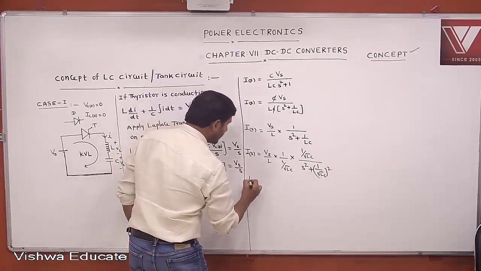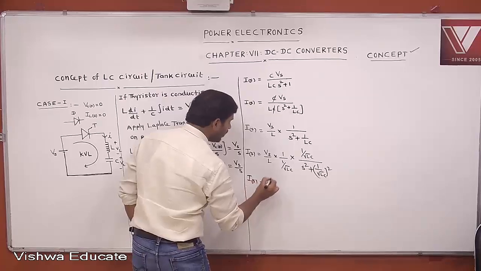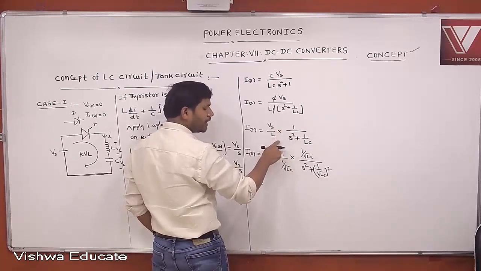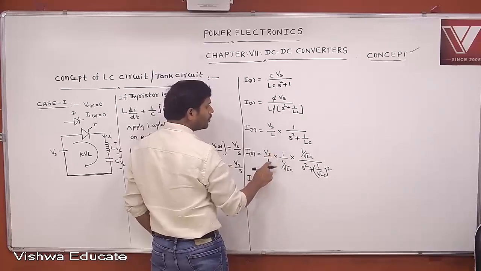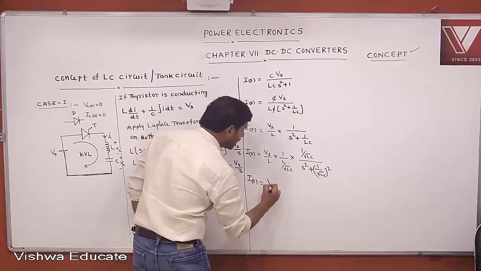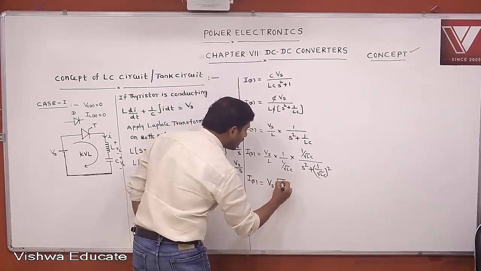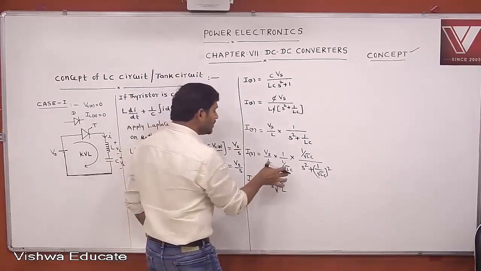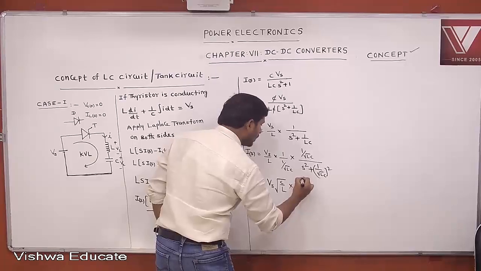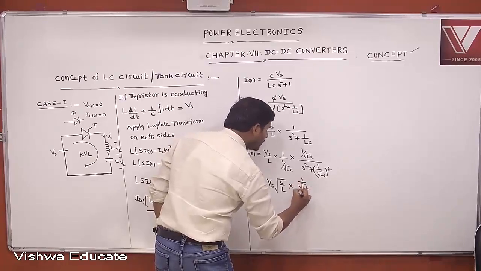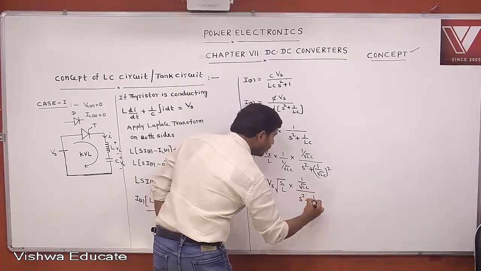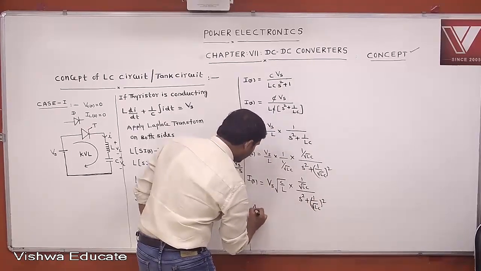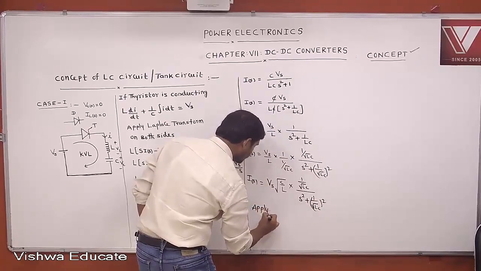Then by simplifying this, 1 by root LC you write into root LC. Root LC means root L cancels. Then we get Vs into square root of C by L. By simplifying this, we get 1 by root LC by s square plus 1 by root LC whole square. Then apply inverse Laplace transform.